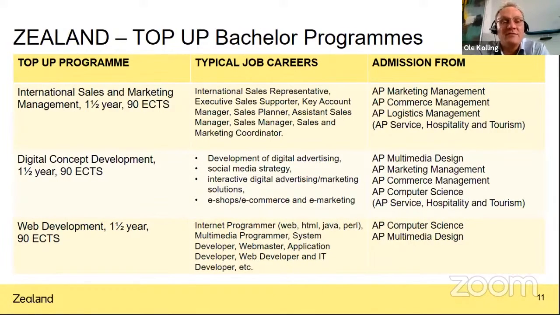So for instance, international sales and marketing management would be typically marketing management, could be commerce management or logistics, because now you're moving a little bit up into middle management level, still within international sales, marketing. So as a sales representative, a sales supporter, could be as a sales planner, even a manager, but it would be typically middle management.